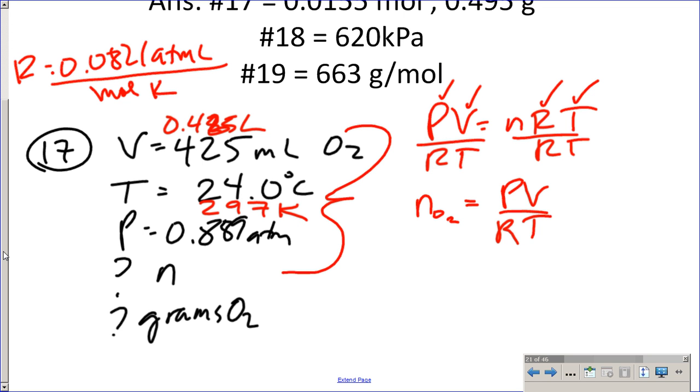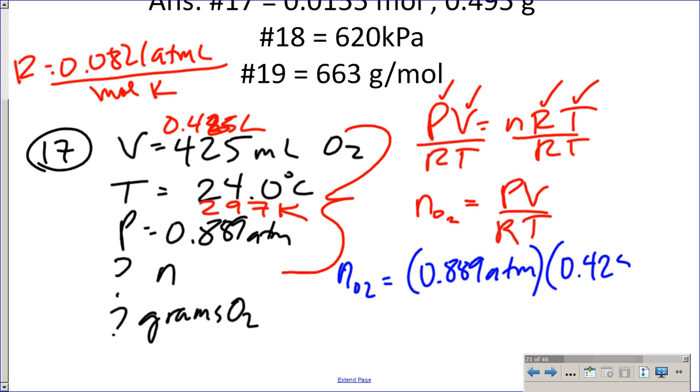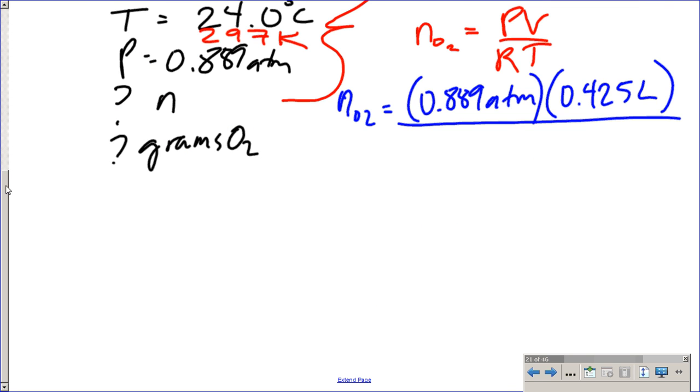All right, let's plug it in. So this is exactly the same methodology. Write down your knowns, write down your formula, rearrange it if needed, and then plug in. So the moles of the oxygen is equal to P, plugging in 0.889 atmospheres, times the V, 0.425 liters, over, I like to put parentheses so you just remember that those are separate things, because we get a lot of units up in this one.